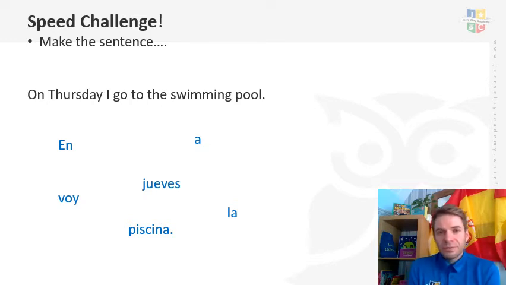Underneath it, in blue, there are lots of Spanish words that put together make that sentence, and you'll know from previous there's a few clues in there as well as to what goes particularly at the start and at the end of the sentence as well. What you've got to do is spoken, as I say, or written, you need to put that sentence together for it to make sense. I'll give you a few seconds, but if you want to pause the video now whilst you're thinking about it, that's fine.